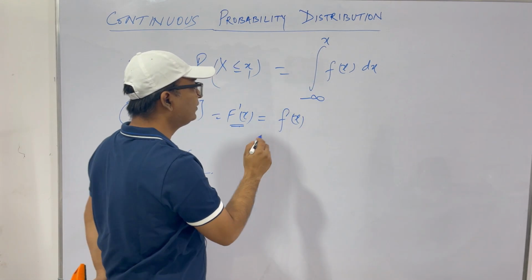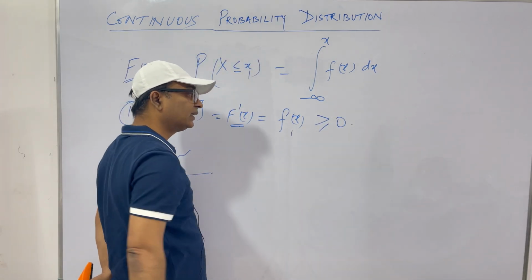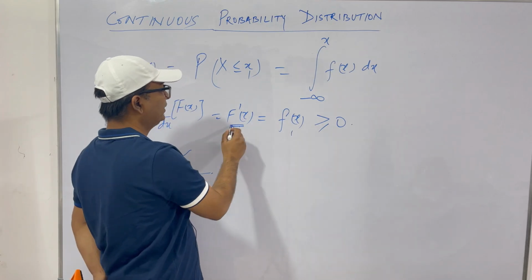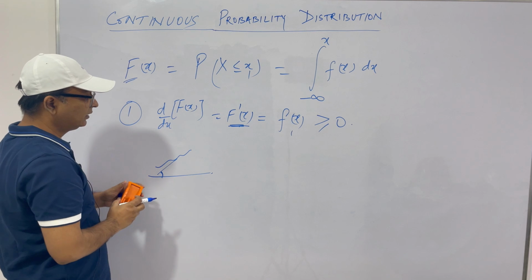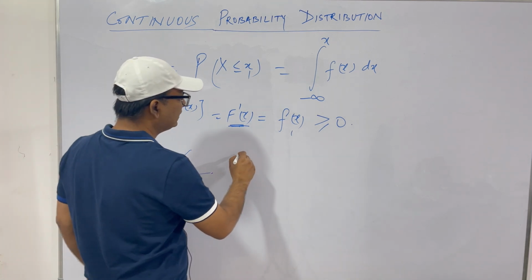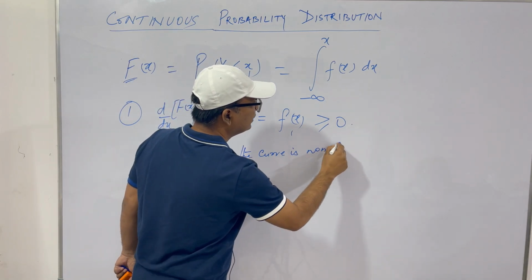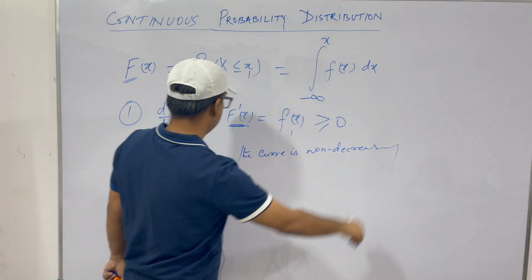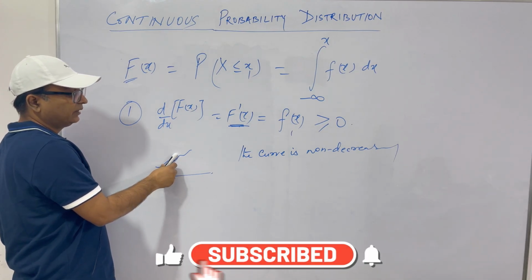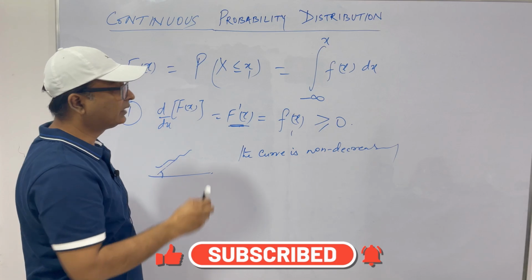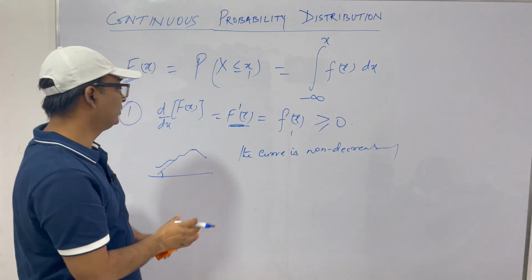And we know that f(x) is greater than or equal to 0. So from here we get that the slope is greater than or equal to 0. That is, the curve is non-decreasing. It will always increase, it will never decrease. It can be like this, but it cannot be like this. This is the meaning of this property.